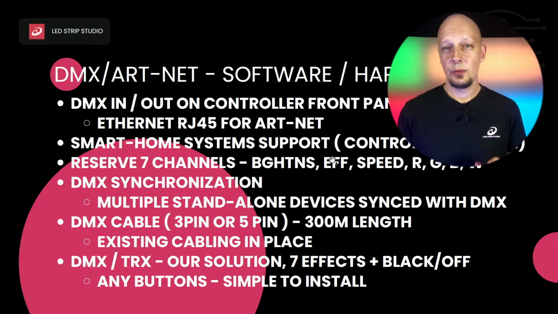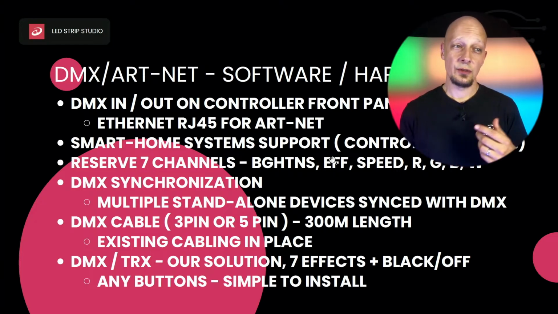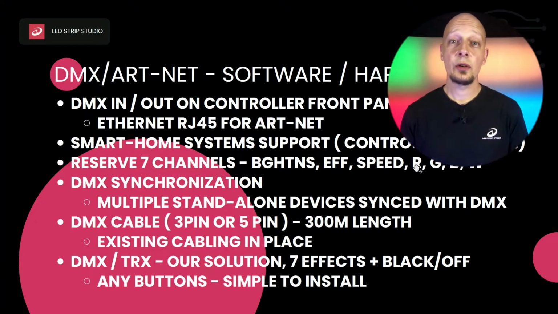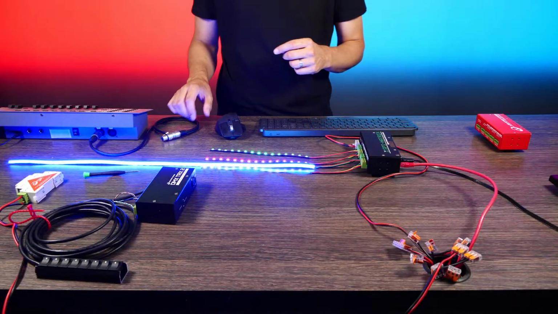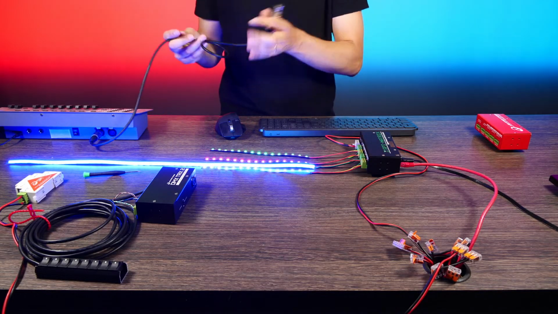With the second channel, you will select which effect you want to actually trigger. You will control the speed, and also you can recolor your effects in red, green, blue, or if you're using an RGBW strip, you can also recolor any effect that is running in a white color. I've got to show you how this actually works.